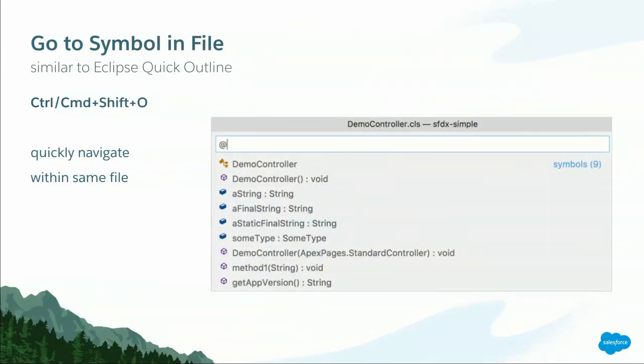The next thing is Eclipse Quick Outline. Anyone know about that? It's very convenient for navigating the methods and variables in a file. In VS Code, it's called Go to Symbol in File. The shortcut is similar to the one in Eclipse: Command-Shift-O. It gives you a pop-up with all the methods, variables, and other things that are defined in the file that is visible in the editor.